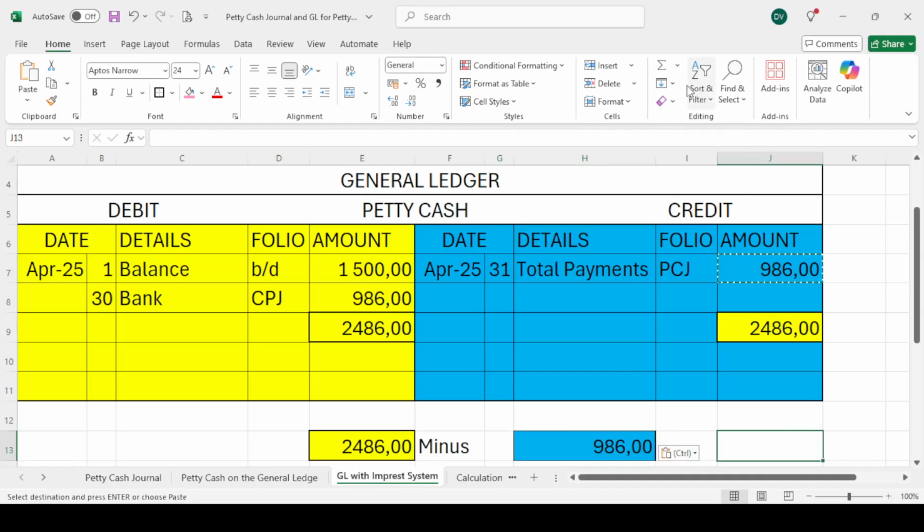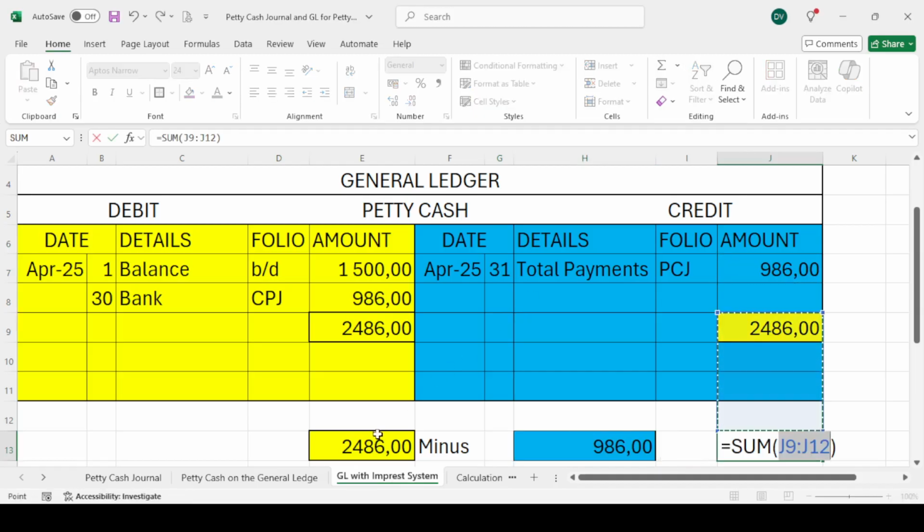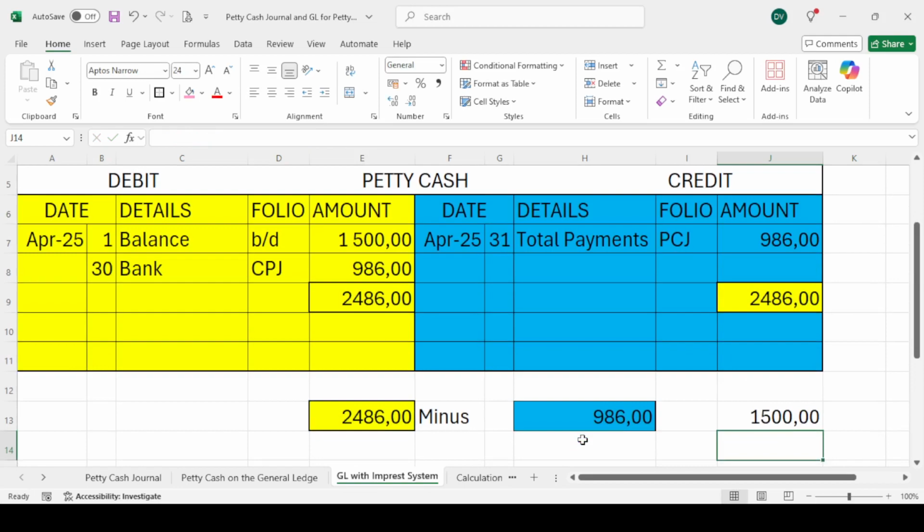And it's going to give you the missing value that you need. And it's going to be, yes, you guessed it, 1,500 Rand. And that now is true because 986 plus 1,500 does equal 2,486 Rand.